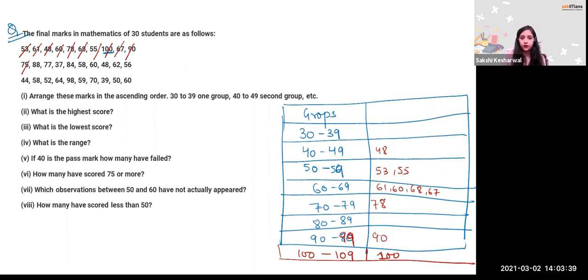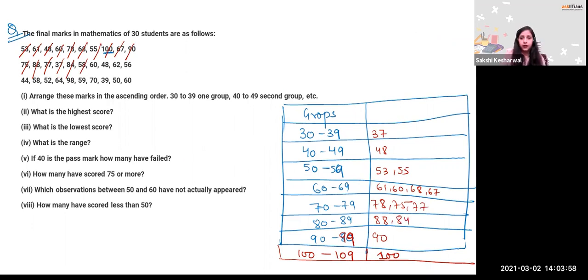Then you have 75 over here, 88 is over here, 77 over here, 37 over here, 84 over here.